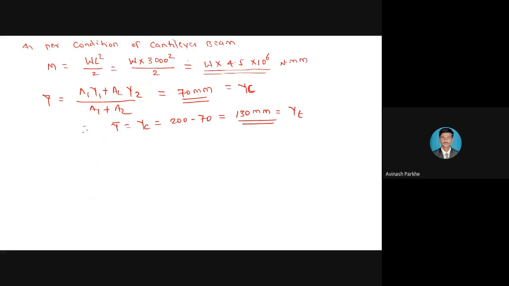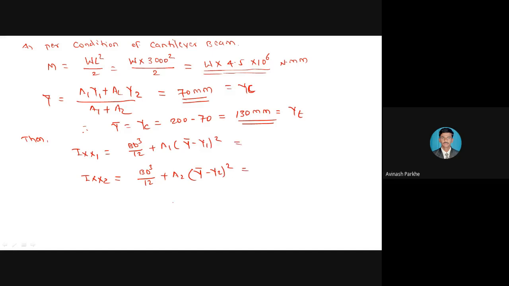Now calculate the moment of inertia. Tell me the values. Ixx1 and Ixx2. Use the formulas BD cube by 12 plus A1 in bracket Y bar minus Y1 square. Similarly, BD cube by 12 plus A2 in bracket Y bar minus Y2 bracket square.